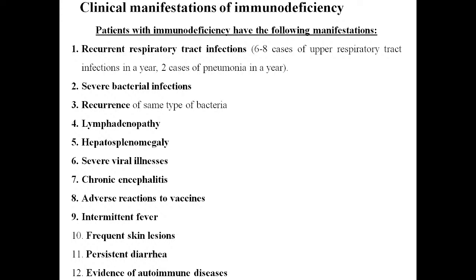When patients have chronic encephalitis. When the patient has adverse or abnormal pathological reactions to vaccines. When we inject a vaccine and the vaccine, for example, causes disease in this patient, it means he or she has immunodeficiency.